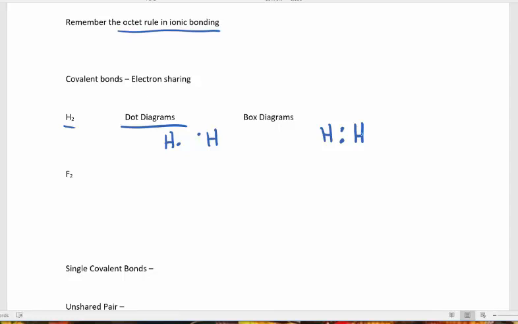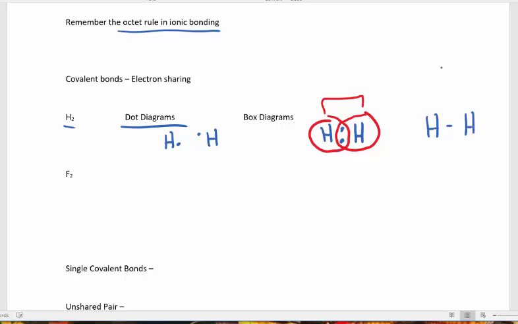with each other. What that means is picture that pair of electrons in between, and this hydrogen has a hold on those electrons, and this hydrogen has a hold on those electrons. So picture them both grabbing onto those electrons, and that is what keeps those hydrogens together, and we get what we call a hydrogen molecule, or a hydrogen diatomic.